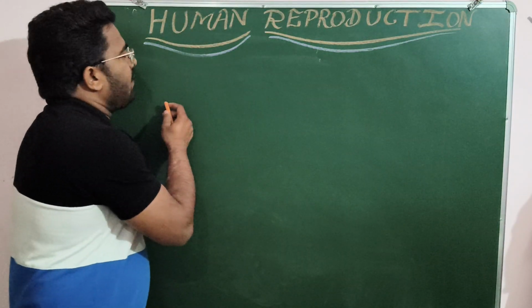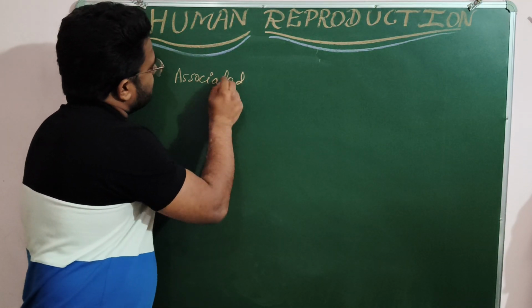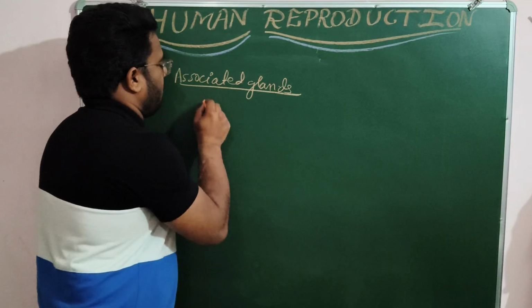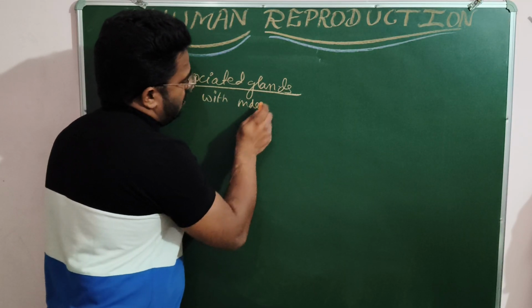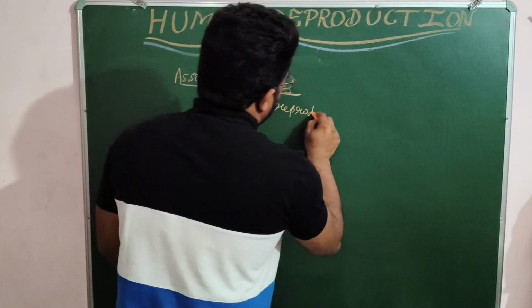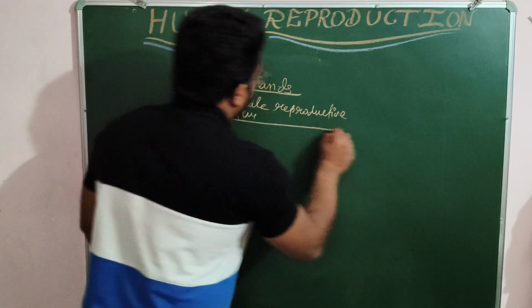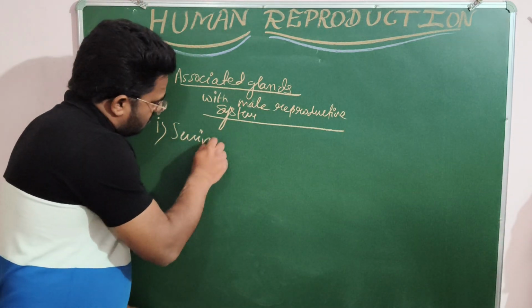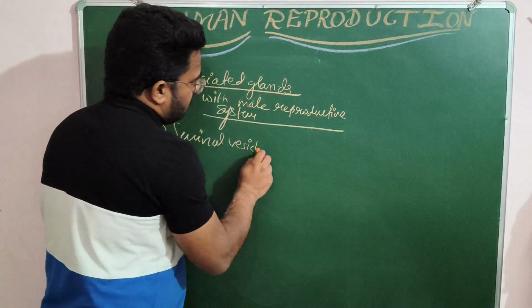We have three types of associated glands with the male reproductive system. The first gland, seminal vesicle.